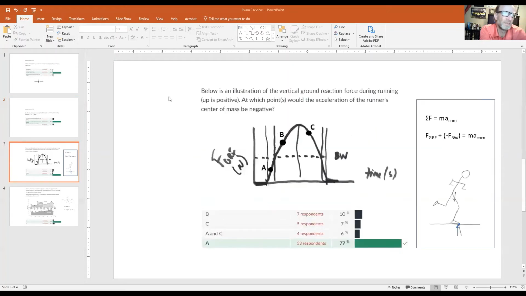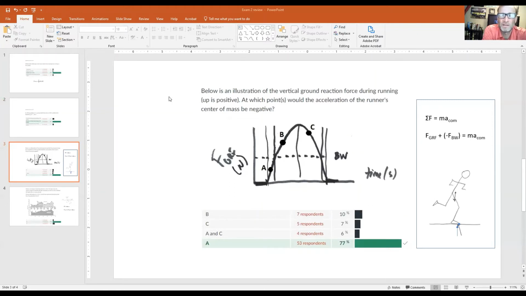Below is an illustration of the vertical ground reaction force during running. Up is positive. I always try to give you the reference frame. At which points or point would the acceleration of runner's center of mass be negative? All right, so what I'm asking again here is how to do a kinetic analysis. In this case, kinetic analysis of running. So over here on the right-hand side, I put some additional information.